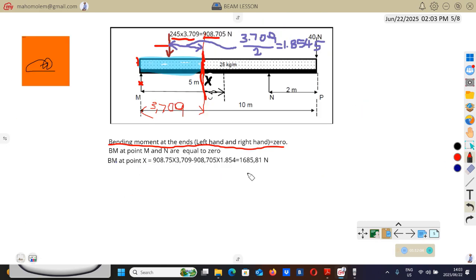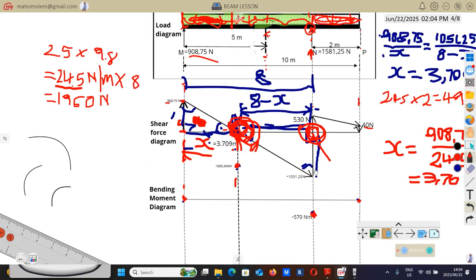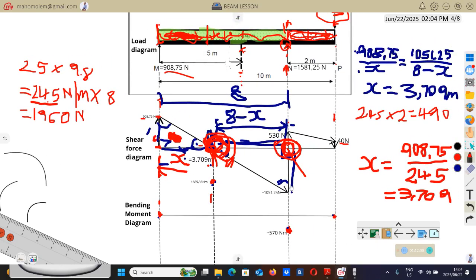So since between this point and this point, which is this point and point X, there is a UDL there, to join this point and this one, we are going to use a curve, a parabolic curve.